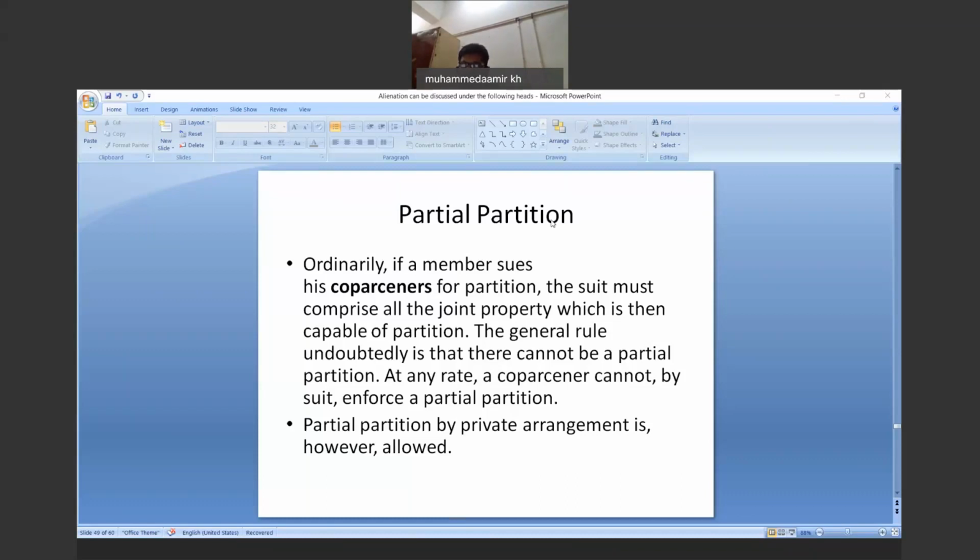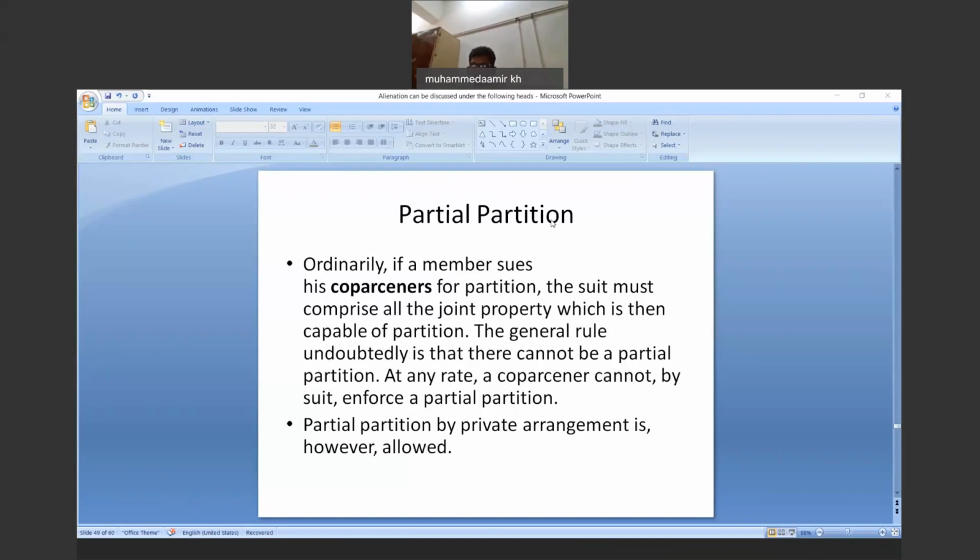Under Hindu law, dear students, a partition can be total or partial. When we talk about total partition, all the members cease to be members of the Hindu undivided family, and all the property ceases to be property belonging to the Hindu undivided family. Now we have to discuss that partition could be partial.